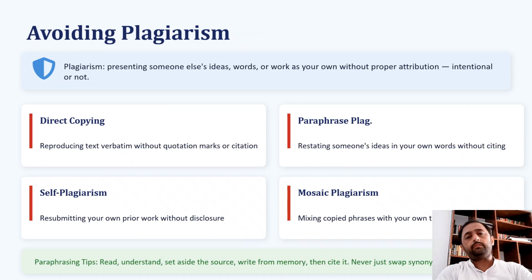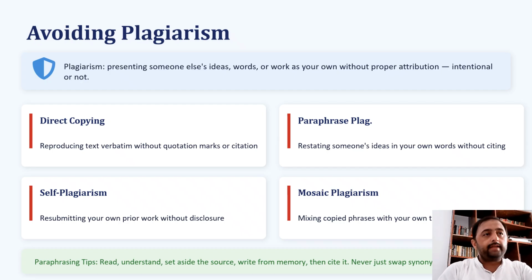So now, it's very important to avoid plagiarism. You are not expected to copy and paste text which has already been written. And now, in the age of AI, you are also required to avoid getting content directly from AI agents.